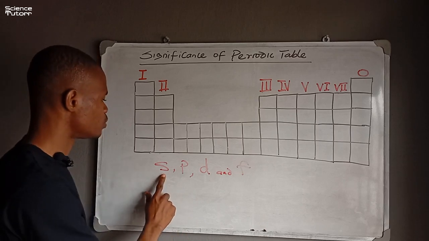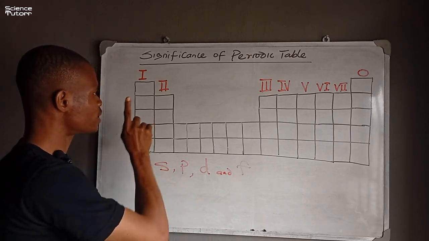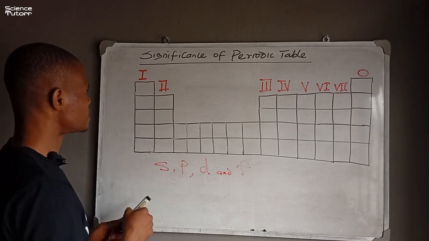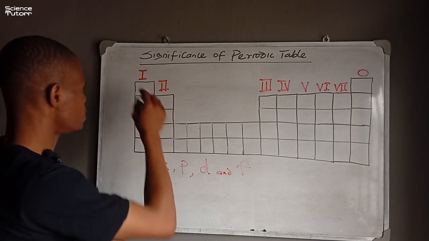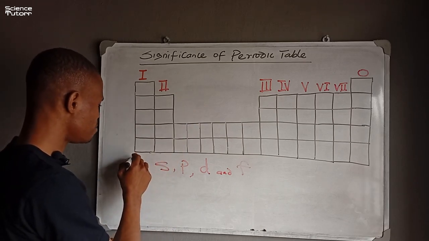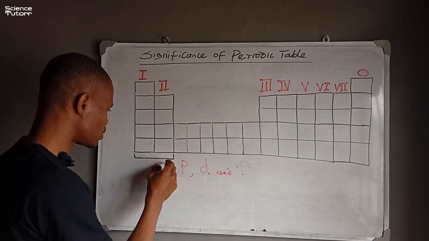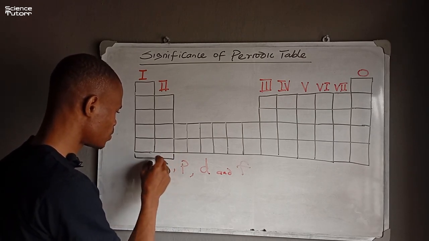Now, the S block simply consists of group 1 and group 2. So elements that make up group 1 and 2 are known as the S block. In essence, it means group 1 and 2 elements make up the S block.